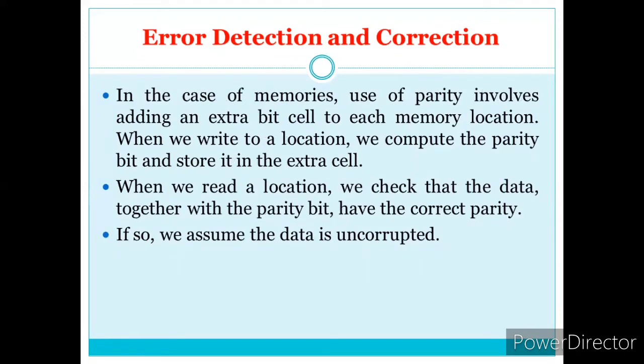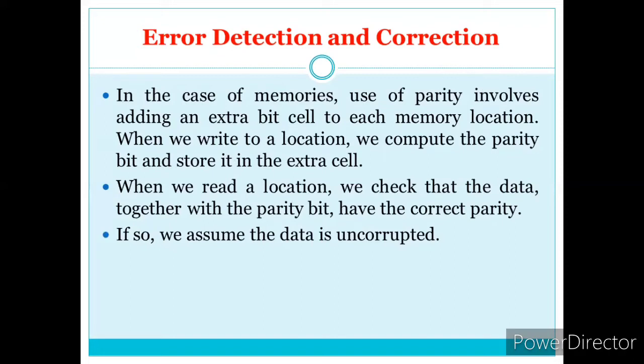In case of memories, use of parity involves adding an extra bit cell to each memory location. So when we say we have to add this during the hardware design itself, we need to add an extra bit cell for the memory location in order to identify the parity. When we write to a location, we compute the parity bit and store it in the extra cell.